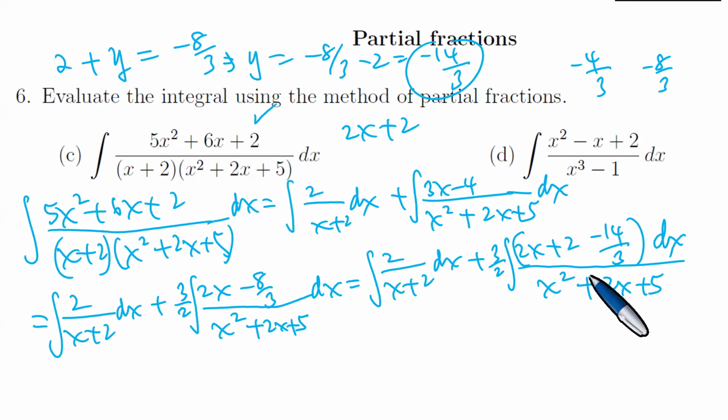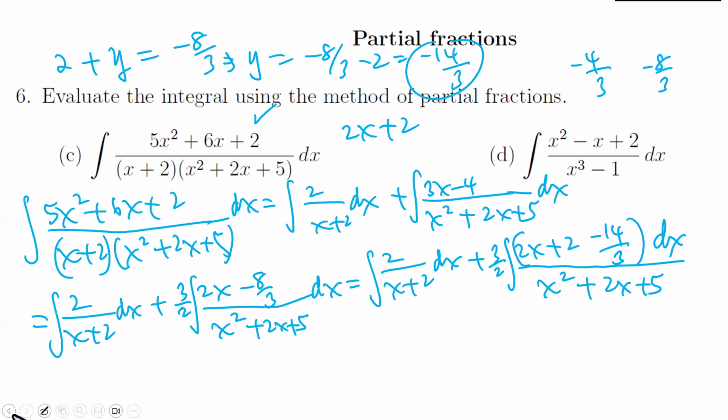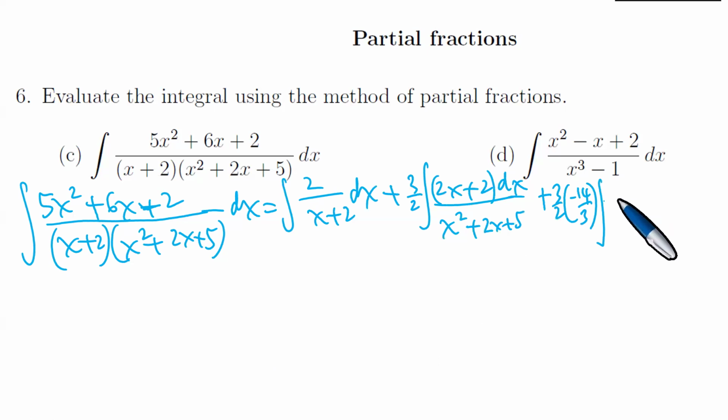And then now you have 3 out of 2 with minus 14 out of 3. The integral 3 out of 2 minus 14 out of 3, 1 over x squared + 2x + 5 dx.